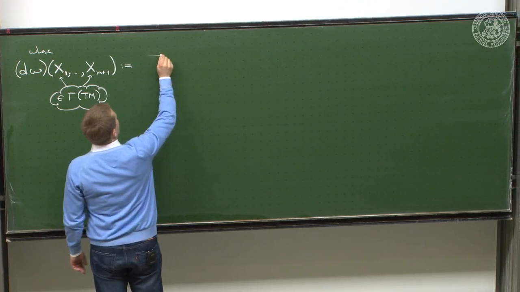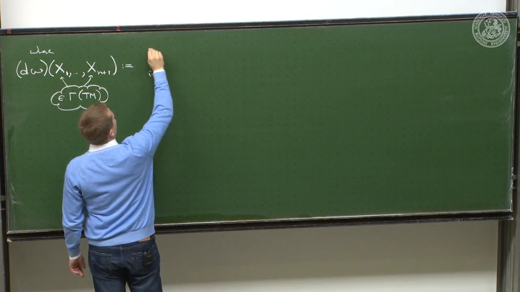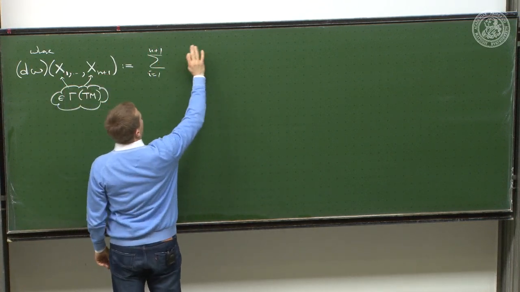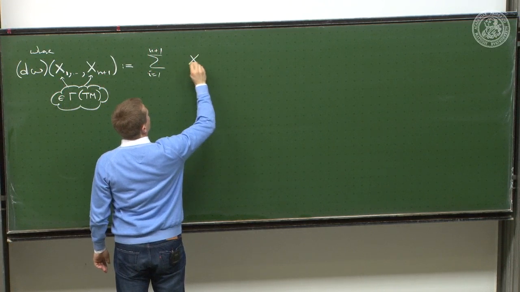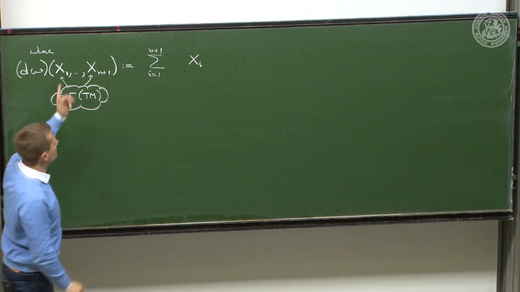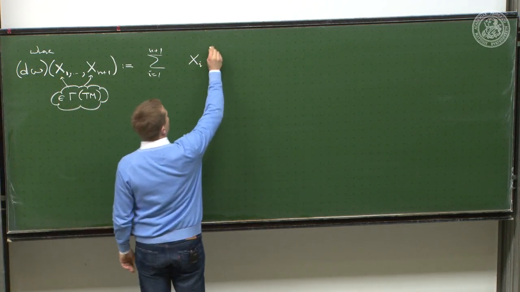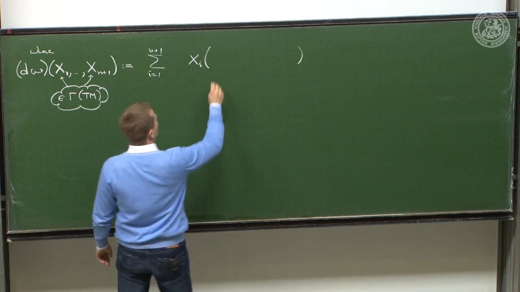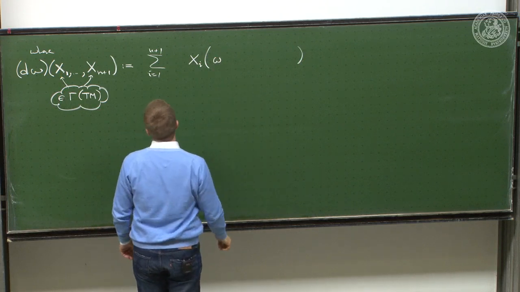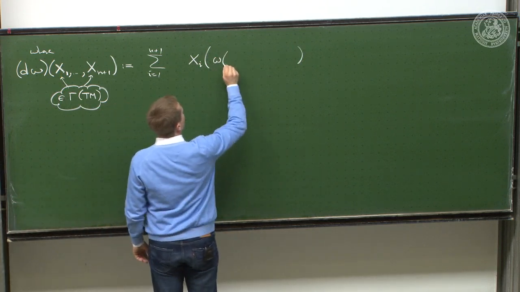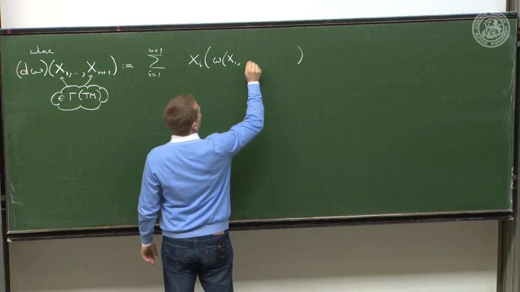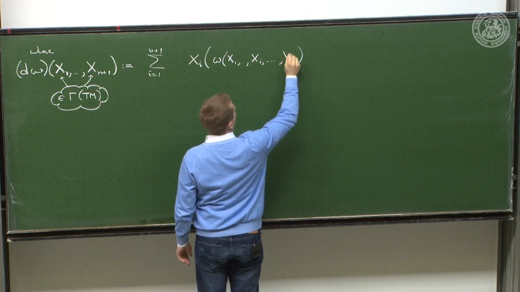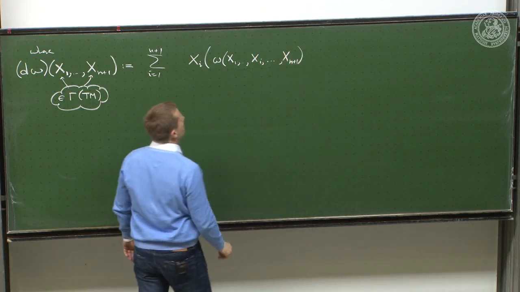I take the sum from 1 to n plus 1, so as many as I have entries here, and I apply the ith entry, the ith vector. What can I apply a vector to? I can apply a vector to a function. How do I get a function? Well, I take the original omega, which is just an n form, and I feed it with all the vectors I fed the n plus 1 form with. Well, that's of course not possible, because that's one too many.